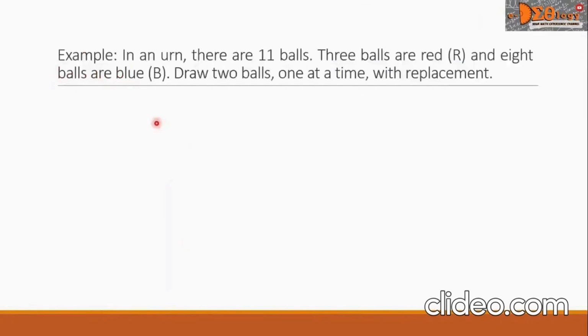Let us have an example. In an urn, there are 11 balls. 3 balls are red, denoted by R, and 8 balls are blue, denoted by B. Draw 2 balls, one at a time, with replacement.